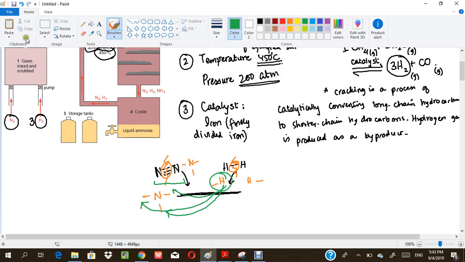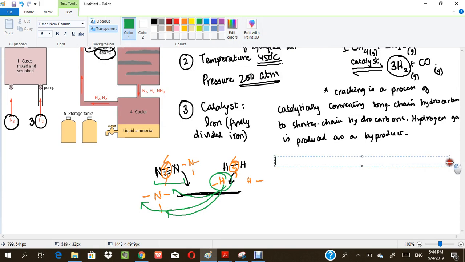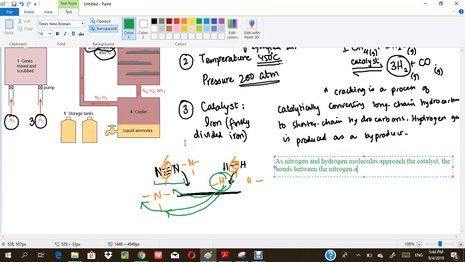Right. So let's write down the effect of a catalyst on the molecules. As nitrogen and hydrogen molecules approach the catalyst, the bonds between the nitrogen atoms and hydrogen atoms in their respective molecules weaken and ultimately break.